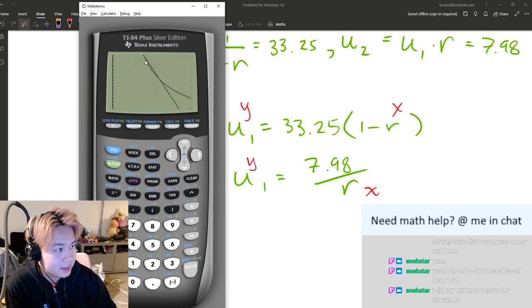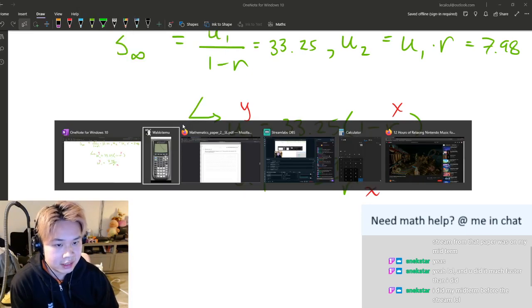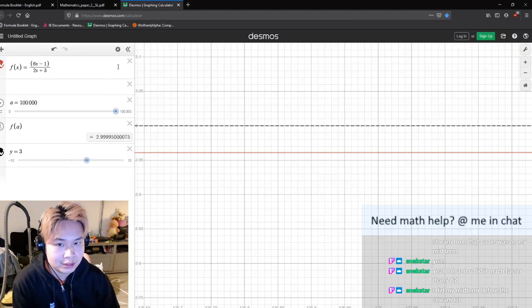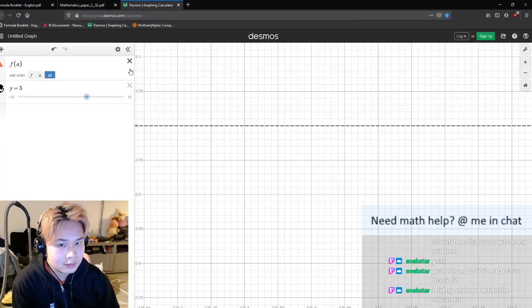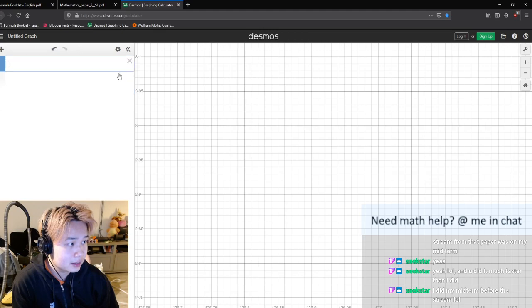There you go. You see there's two intersections. And I'm gonna cheat because I don't like doing those functions in a graphing calculator.